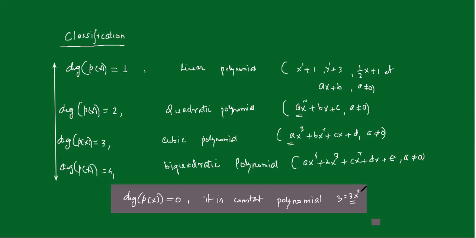So the power is 0, and this is the degree of the polynomial. Every number, say 3 by 2, yes, this is a polynomial. If somebody says root 3, yes, this is also a polynomial. I am using x more often, but you can use another variable as well, right? Till here it is clear.